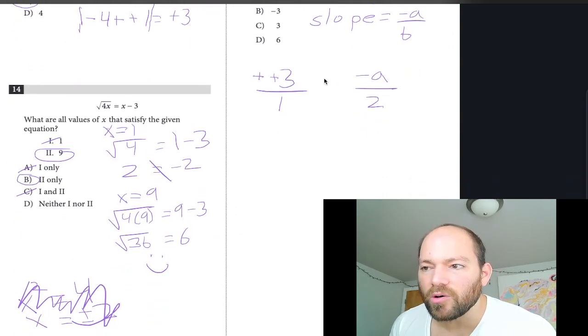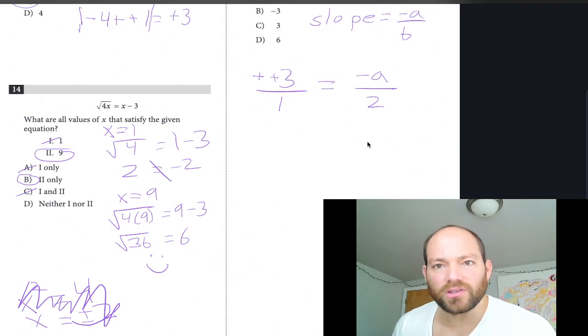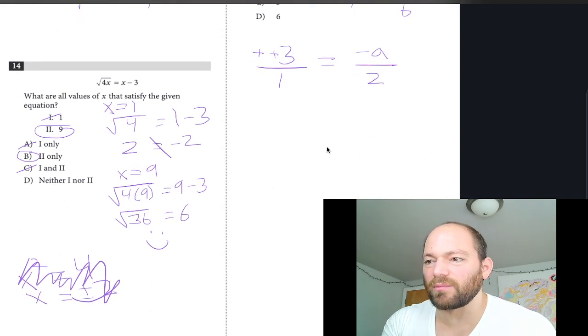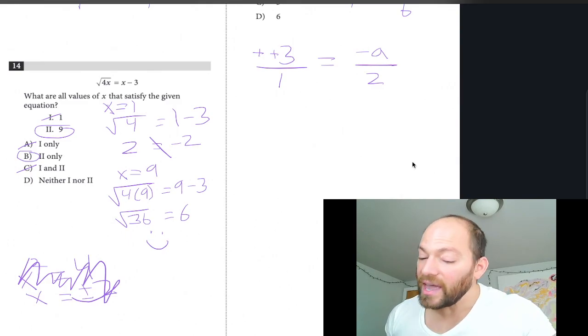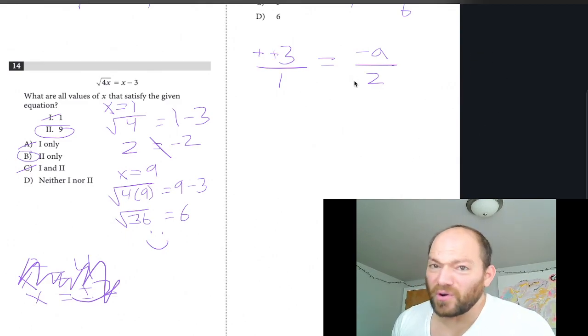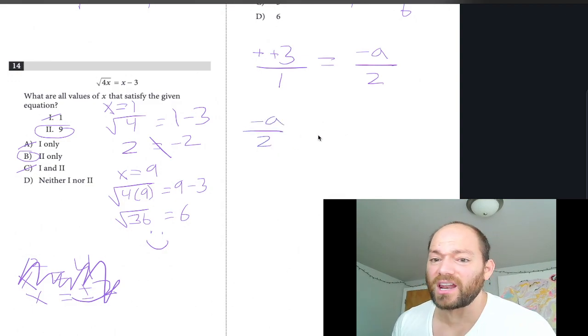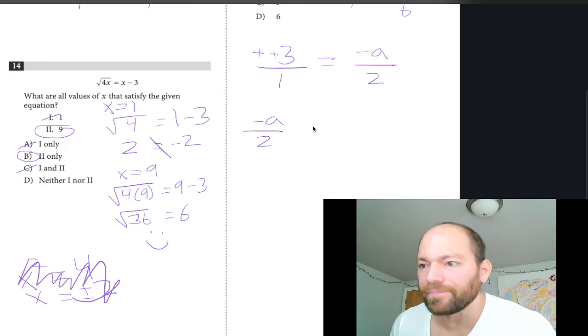So the same slope. So we set them equal to each other. I'm gonna take a moment and rewrite this equation to make it a little nicer for me. First thing I'm gonna do is put the variable stuff on the left side. So I'm gonna write negative a over 2 over here. That's just easier for me to look at. Maybe if you're left-handed, it's different. And then positive 3 over 1, I'm just gonna call that 3.